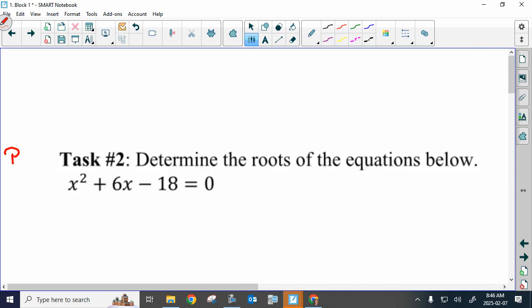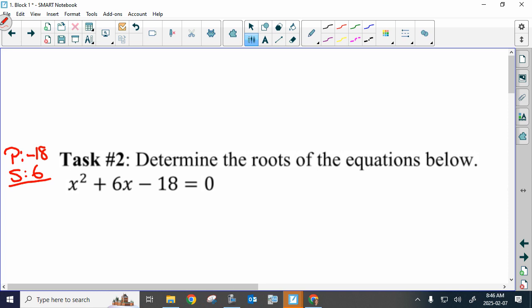So is there anything out there that gives you a product of -18 and a sum of 6? So you always want to double check, is it factorable? When I think about -18, I think about like -9, +2, or +9, -2. I think about like -6, +3. I think about +6, -3.